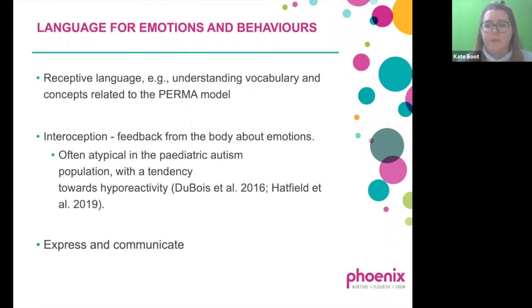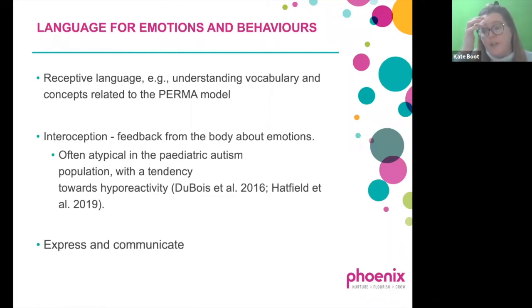Interoception is our eighth sensory system. We know that autistic people often have interoceptive difficulties, with a tendency to be hypo-reactive to this sensory feedback. That means they require a lot more sensory feedback for their brain to register it, which means it can take a lot longer for them to register those sensory experiences. And so that impacts on them being able to develop self-regulation strategies.